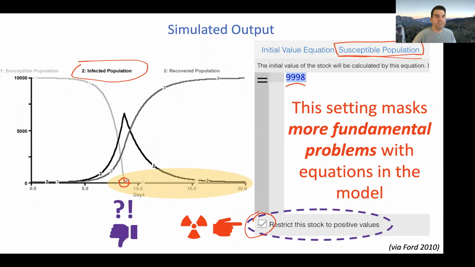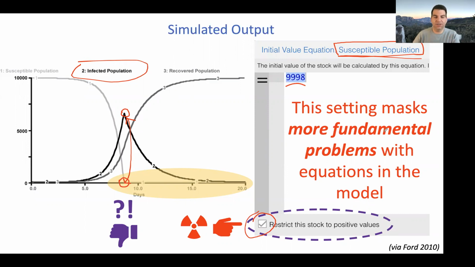So that's the reason why you see this sudden sharp stop in growth of the infected population. This is not coming from the S-shaped growth that I was expecting to come out of it. This is coming from this weird artifact that comes out of Insight Maker or Vensim, artificially restricting my susceptible population from going to zero.